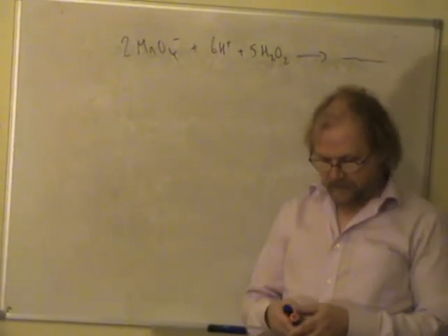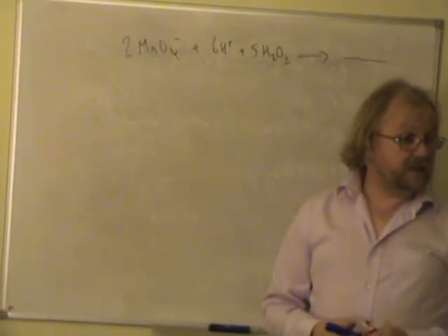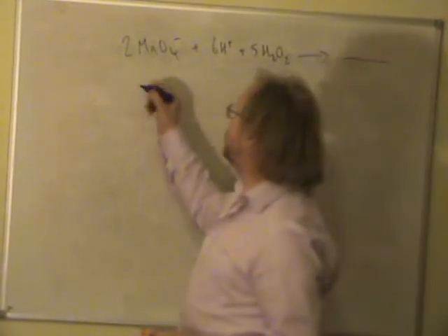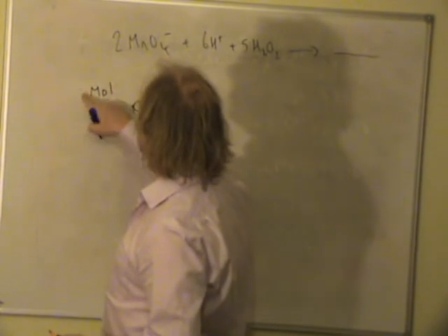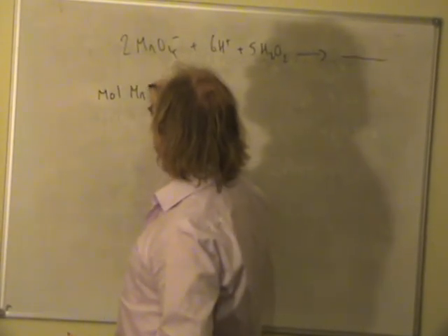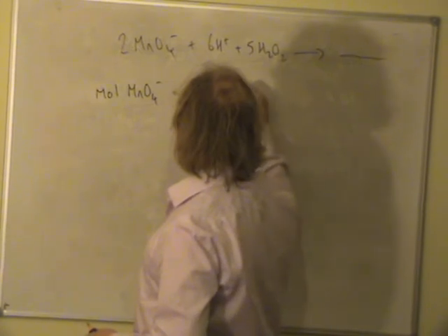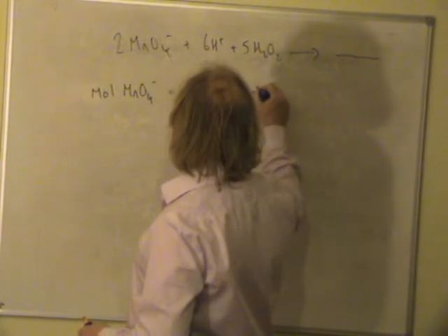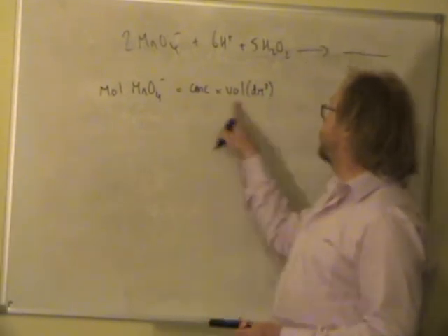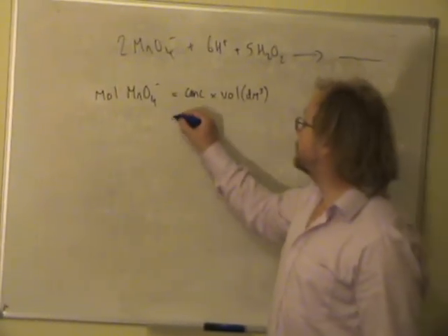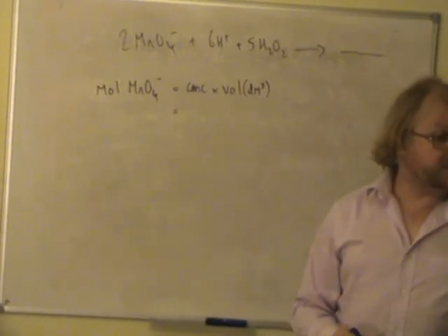You can turn that into number of moles, and that's what we know for the KMnO4. So we can get moles of MnO4 minus is concentration times volume in dm cubed. So that kind of calculation is always what you should expect to do to start a titration calculation.